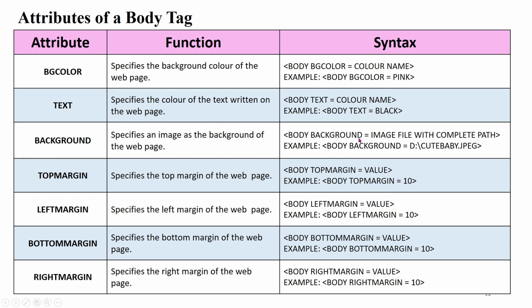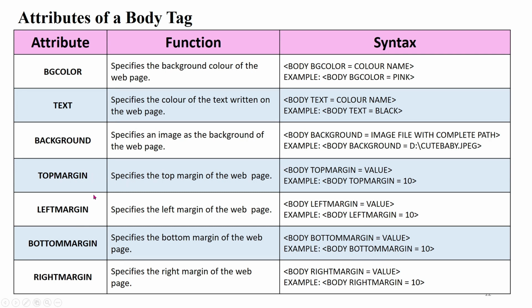Body background then equals the image file with complete path. Here you have to write the image file name with the extension as well as the complete URL, that is, the complete address. For example, body background equals d:/cutebaby.jpg. So this will give the image of a cute baby at the background of your web page.